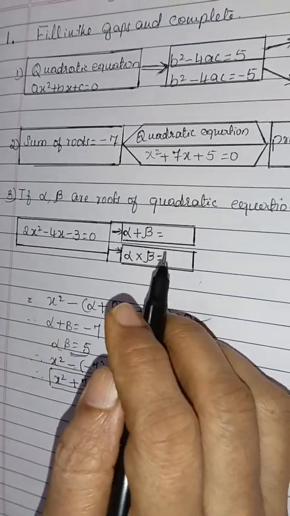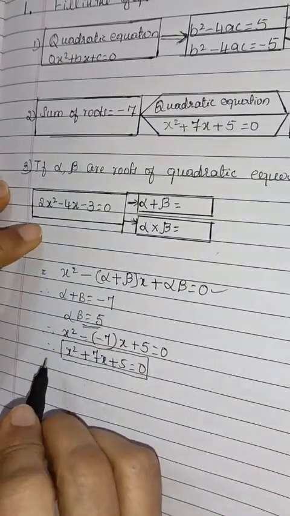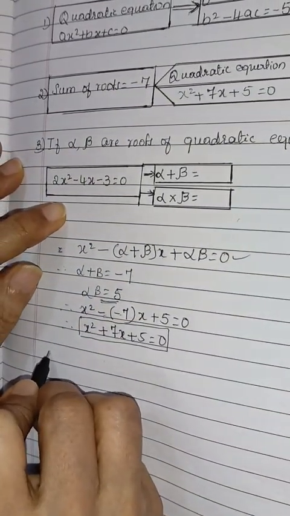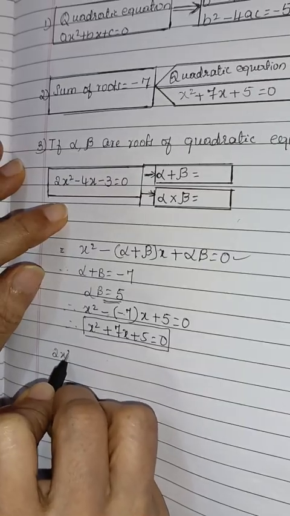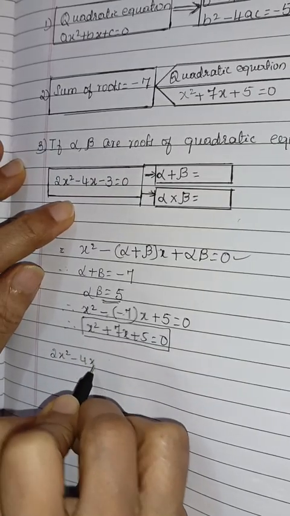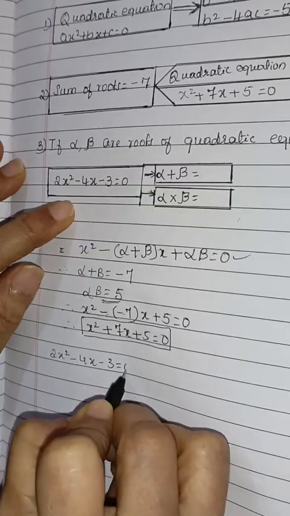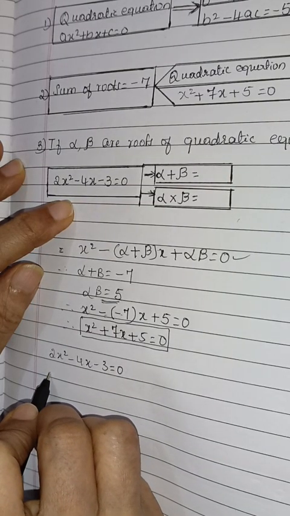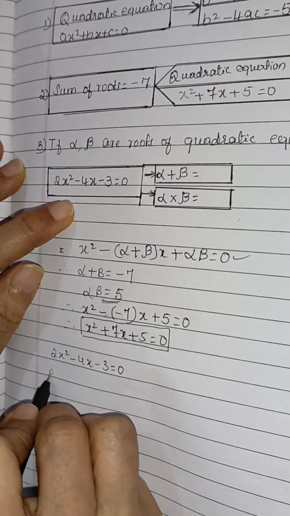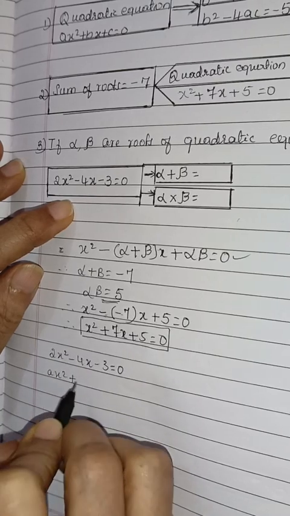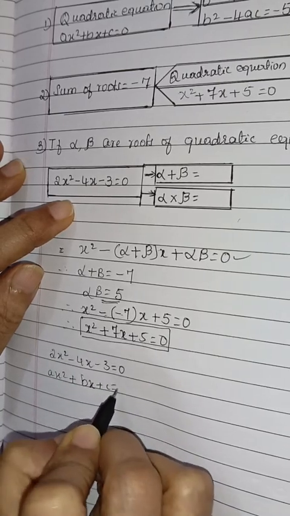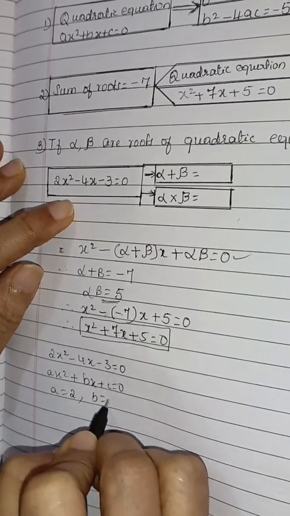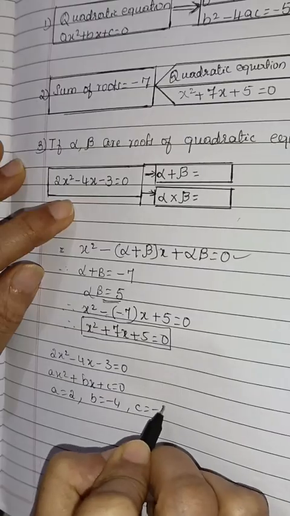So we'll calculate here. Comparing with the standard form ax square plus bx plus c equal to 0, a is 2, b is -4, c is -3.